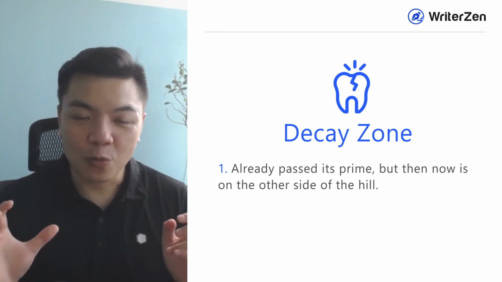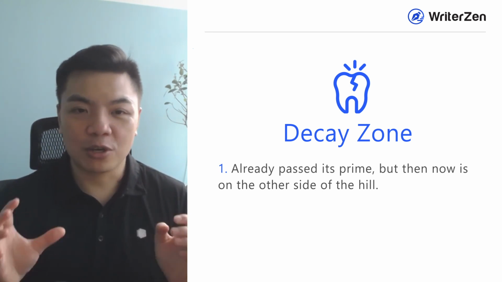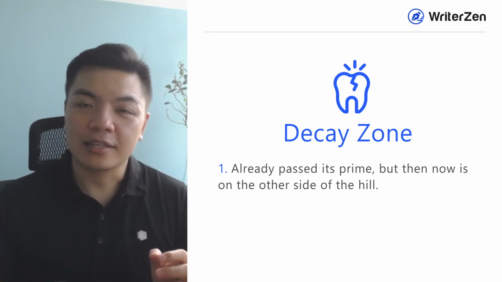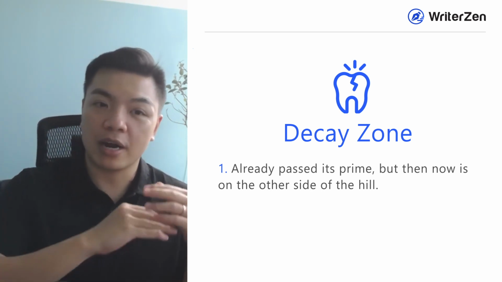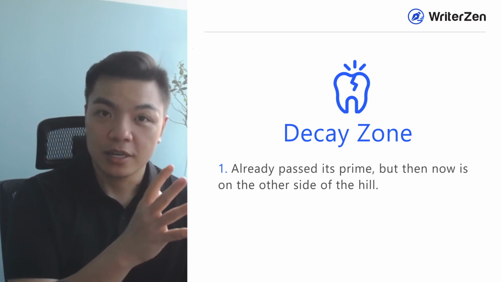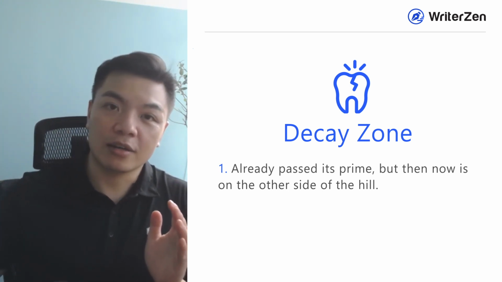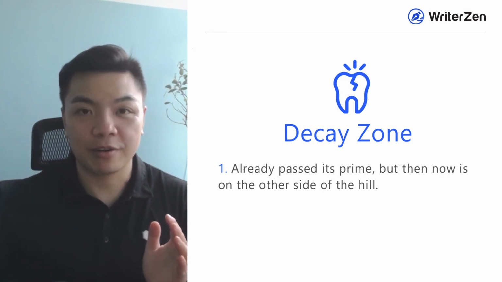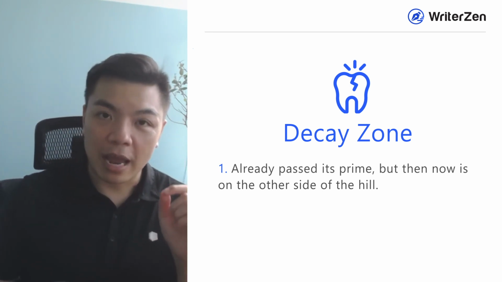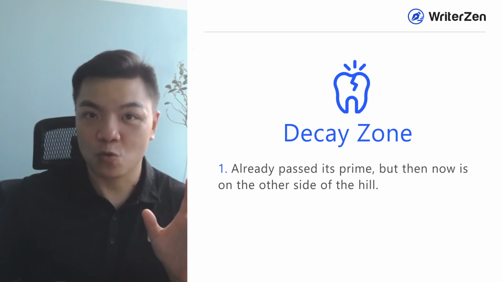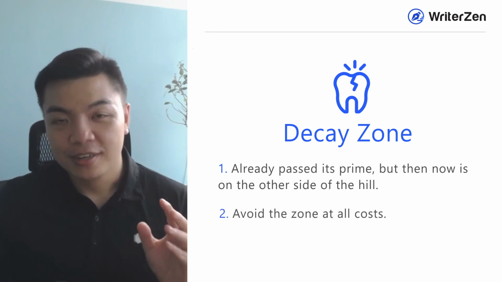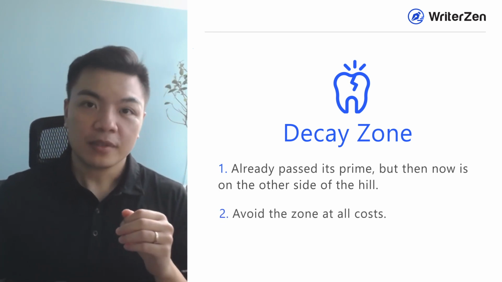You do not want to invest in this keyword, because it will continue to decay until the point where it's still very hard to compete, because so many websites got into it, but the search volume slowly decays over time and will no longer be relevant. So any effort or investment put in here will go to waste. Avoid this zone at all costs. So that is the first zone.